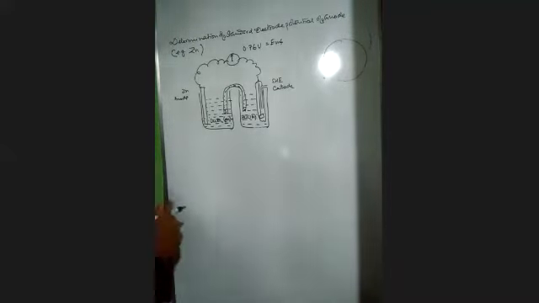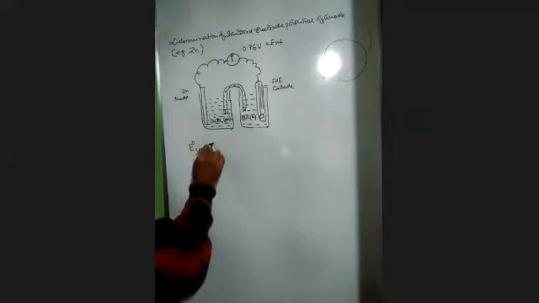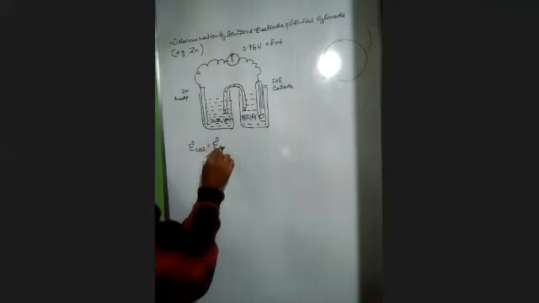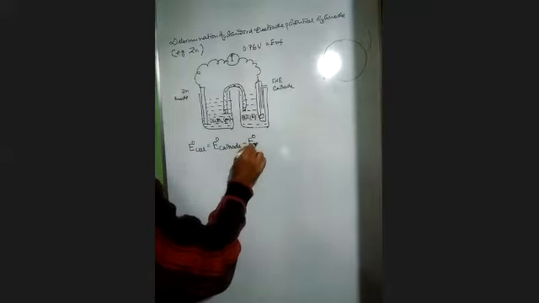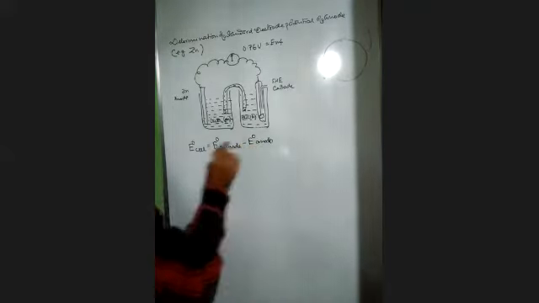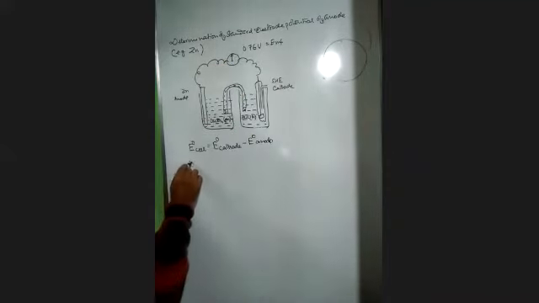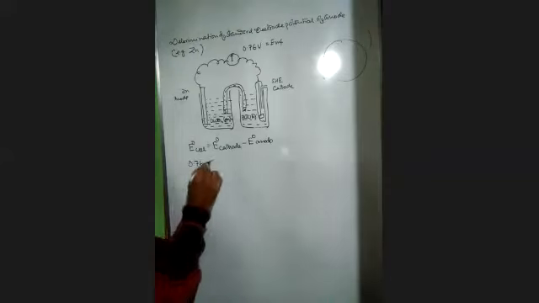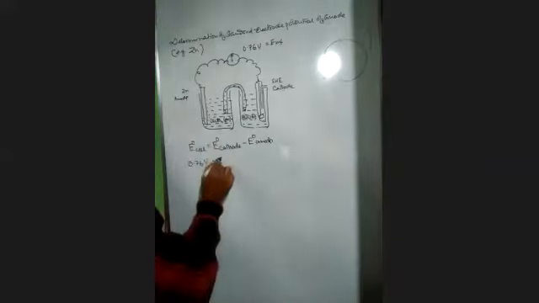Okay, now I'll write here, E0 cell is equal to E0 cathode minus E0 anode. This EMF is how much? 0.76 volt. What is the cathode here? It is the standard hydrogen electrode.